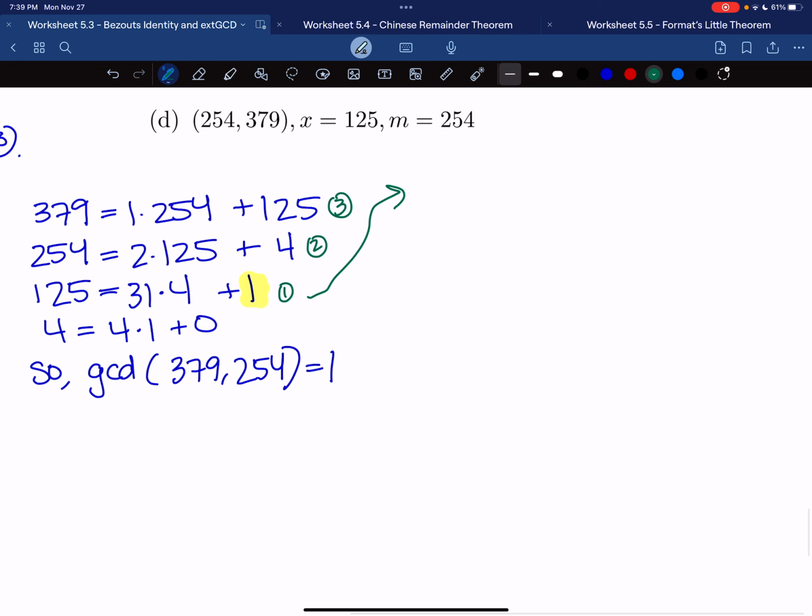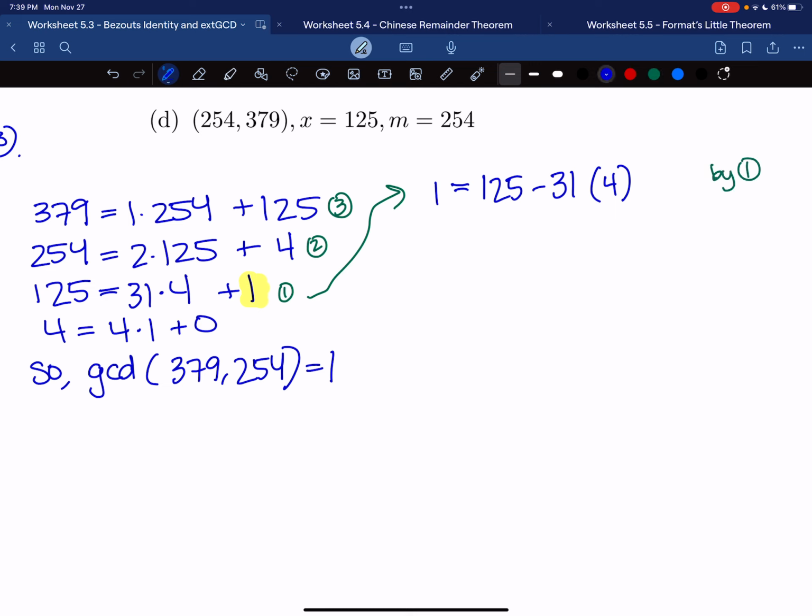And so starting from 1, what I know is I can write 1 as 1 is equal to 125 minus 31 times 4. Okay, and I'll say that's by 1.